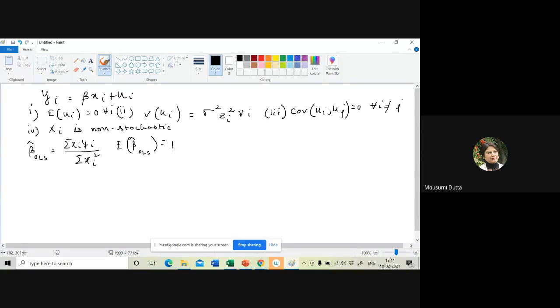And please calculate variance of beta hat OLS in this case. Use the formula which we already did.